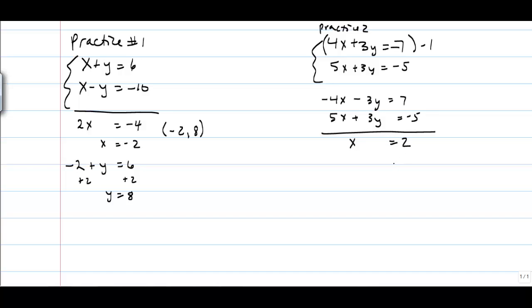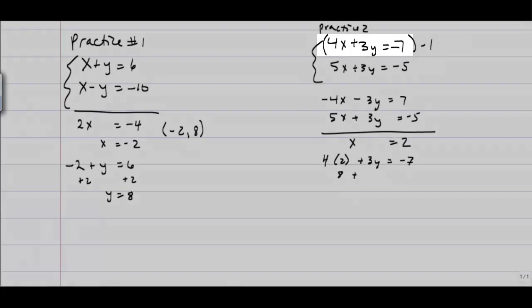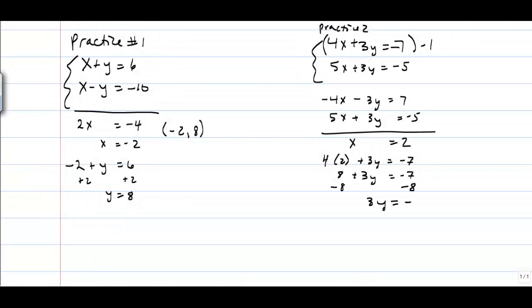If x is equal to 2, I'm going to plug in x of 2 into my first equation. Notice I'm using the original equation, not the one that I've already multiplied by -1. I always like to go back to the original equation, and I'll get that 3y is equal to -15, or y is equal to -5. And that gives us a solution of (2, -5).